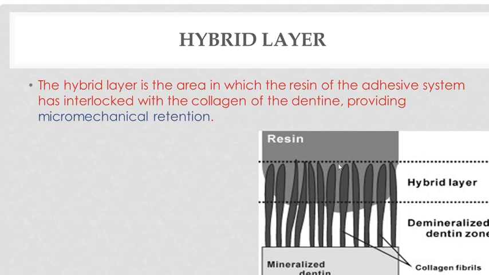Then we have the hybrid layer, and this is the resin, and this is the mineralized dentine. And then after demineralization, this is the demineralized dentine zone. And then we have the hybrid layer, and then the resin restoration.